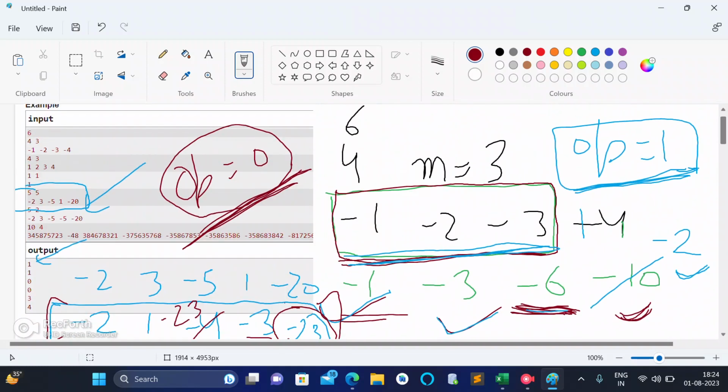Let's take some example to understand how we will solve this question. Let's take the last example: -2, 3, -5, -5, -20.